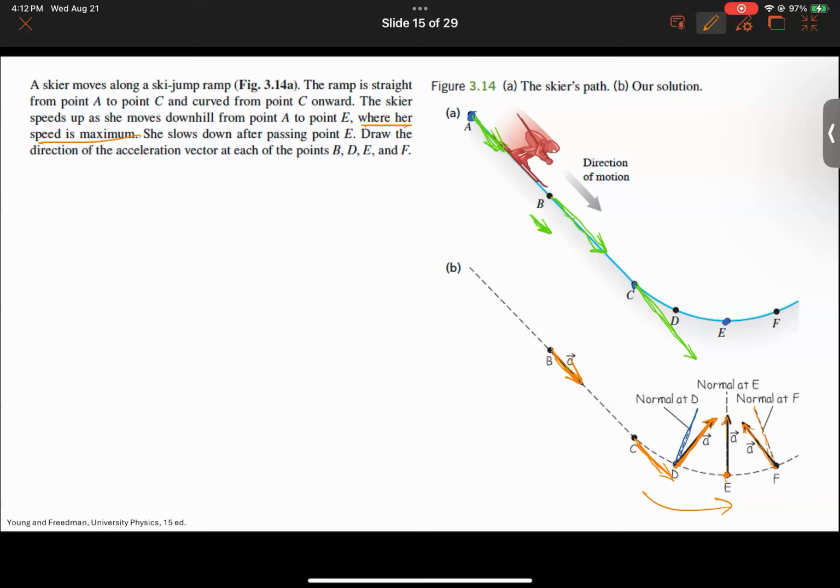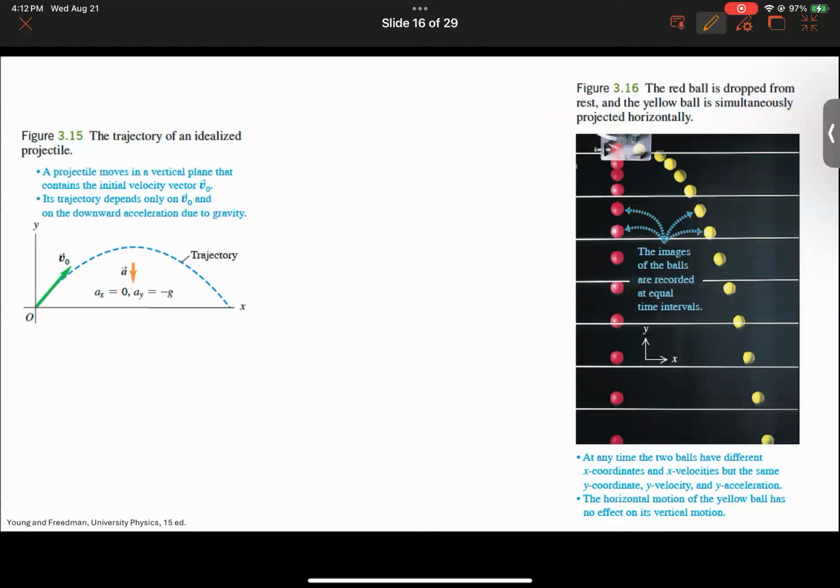Now we apply yung concepts na yon dun sa isang pinaka-common na example. Sobrang common ito kasi, di ba, pag nagbato tayo ng object, it undergoes this type of motion.